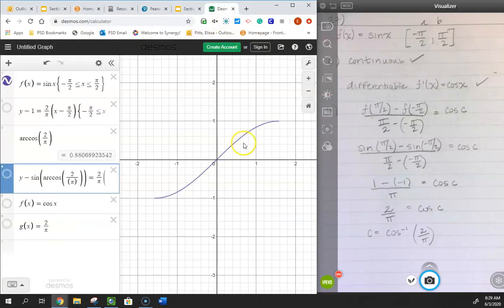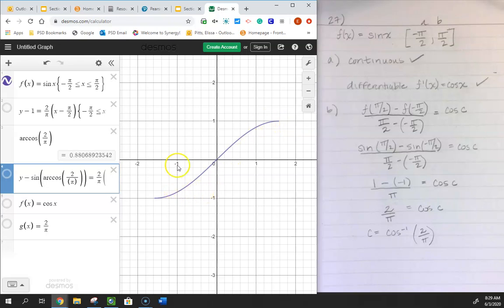Here's my graph of sine of x on that interval, and there's the secant line between those two endpoints. We're trying to find at least one point on that curve that has the same instantaneous rate of change as the average rate of change between the endpoints, or the slope of the tangent line is the same as the slope of the secant line.